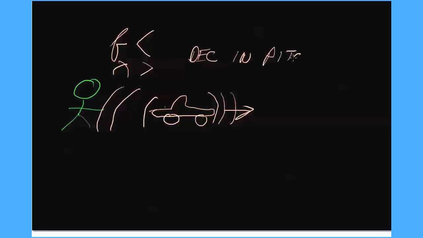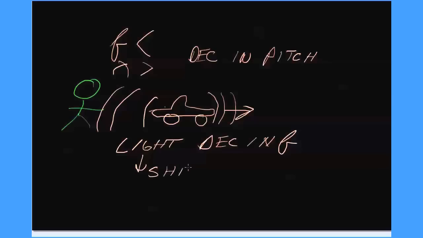For light, a decrease in frequency means the light is shifted to the red side.